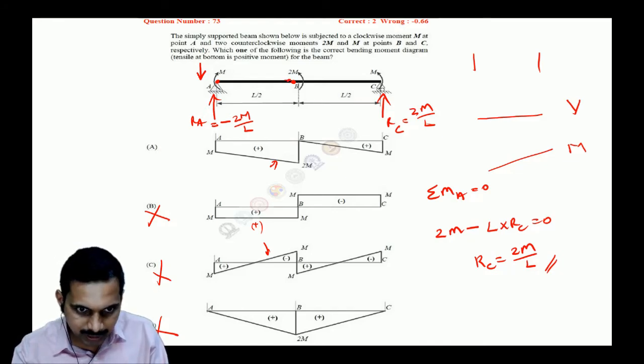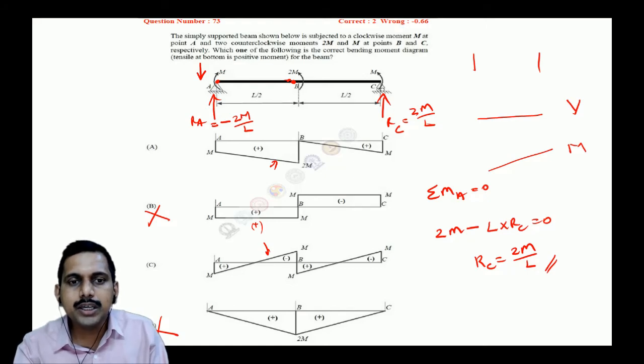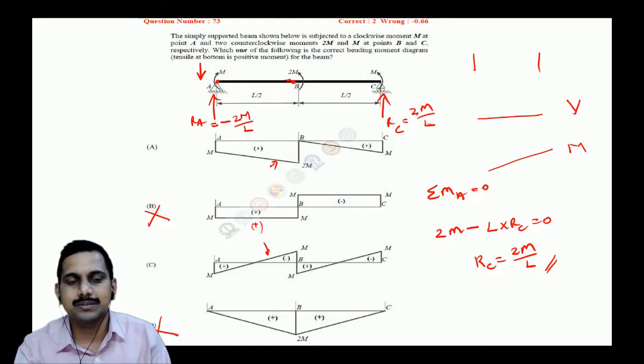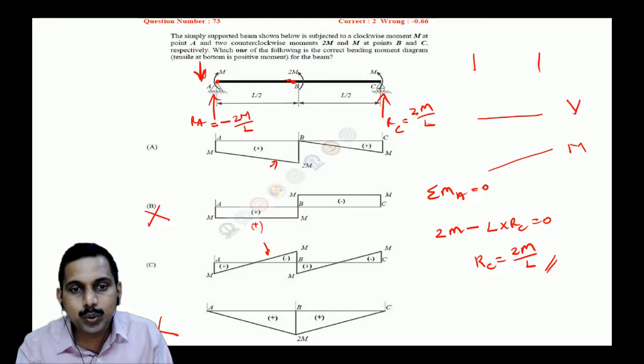So now I think I have to change. Okay. So what is going on? It's going as a hogging bending moment, correct. So since it is a hogging bending moment, it is going on this side. What is going to happen? It is going to decrease, correct. This is the correct RA. I've made a mistake. It's going to decrease. And what point will it reach? It will reach the point where M minus 2M by L by 2.